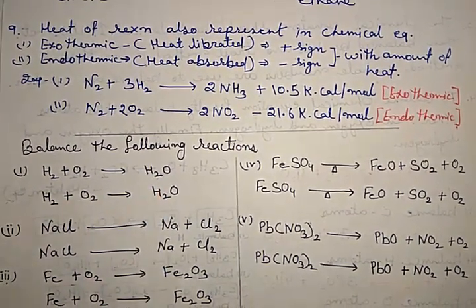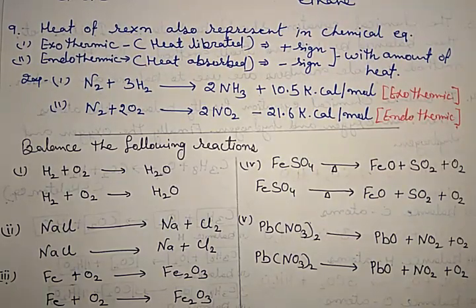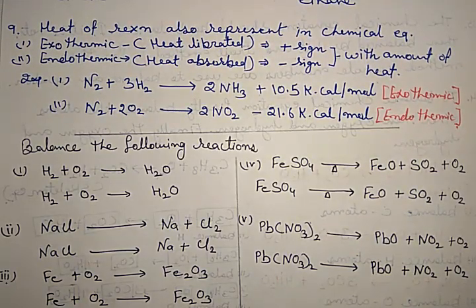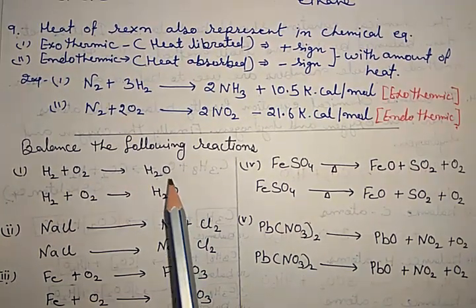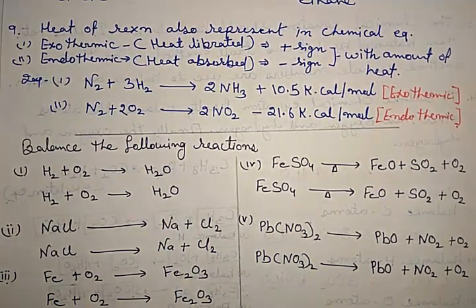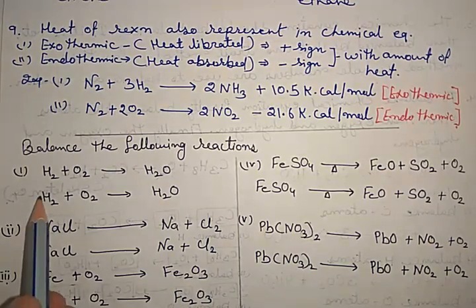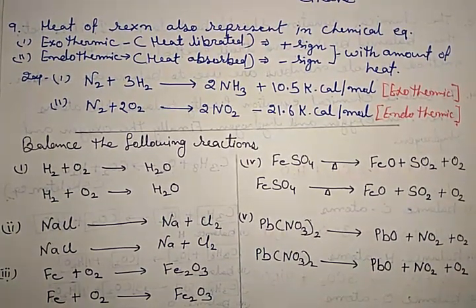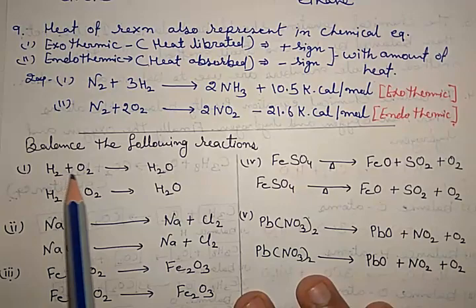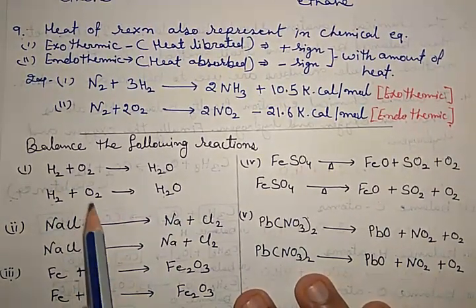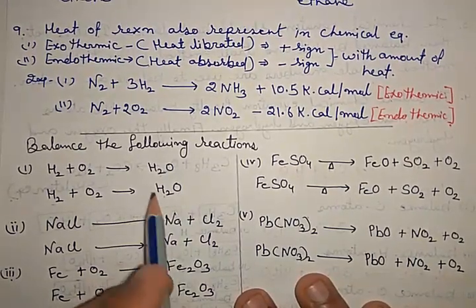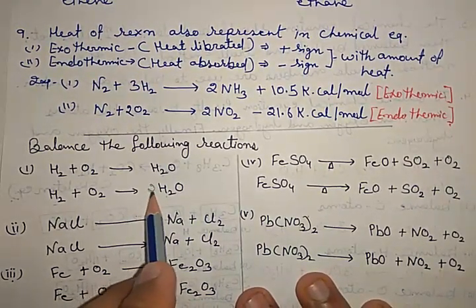Here 2. Okay, that is balanced. Now the second one, how many oxygen atoms are here? 2. Here it is 1. So it is unbalanced. Clear? Now write the equation again, and now we will attempt to balance it. Hydrogen 2, hydrogen 2. Okay, oxygen 2, oxygen 1. To balance it, we put 2 here.